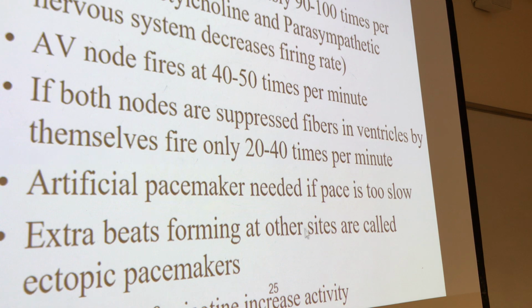Extra beats formed at other sites are called ectopic pacemakers, right? So again, normally it's an SA node firing, but sometimes in some people, they'll have other areas that fire first. And then you'll have a beat that shouldn't be there. And if you guys ever had an ectopic beat, it's pretty common in females, right?